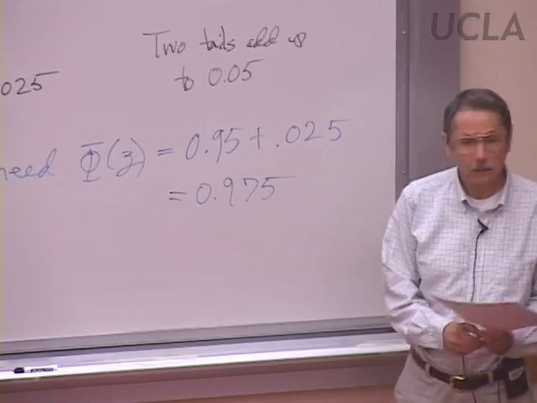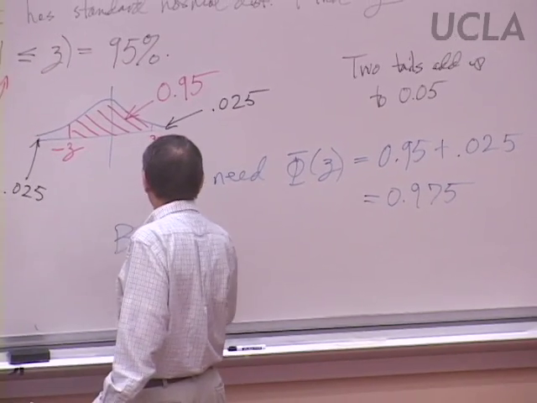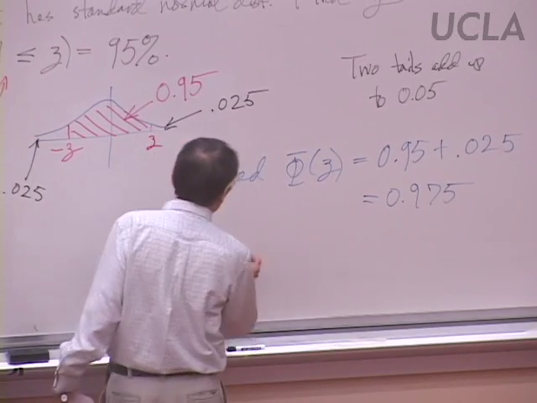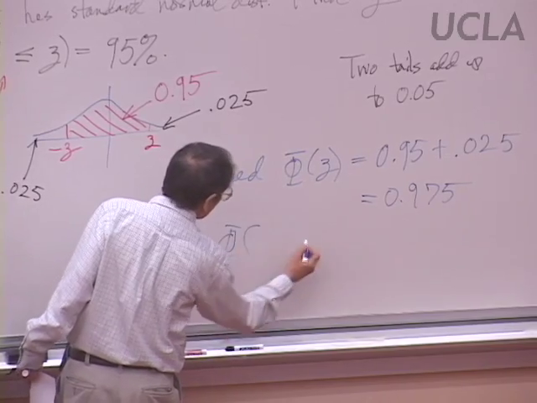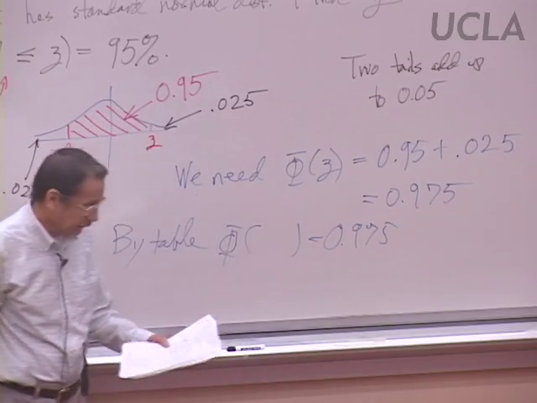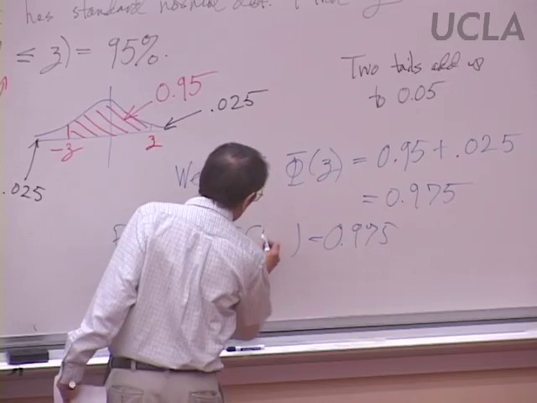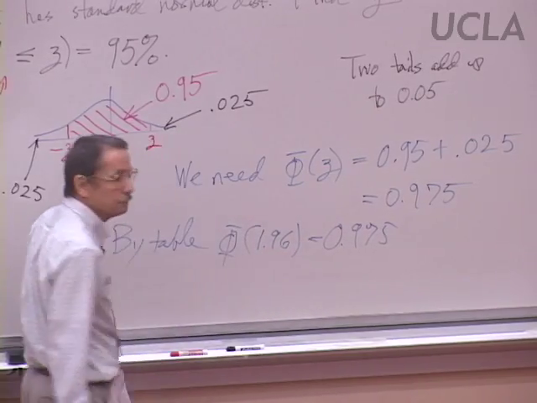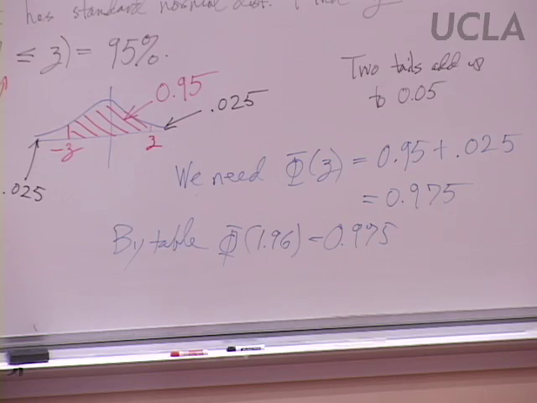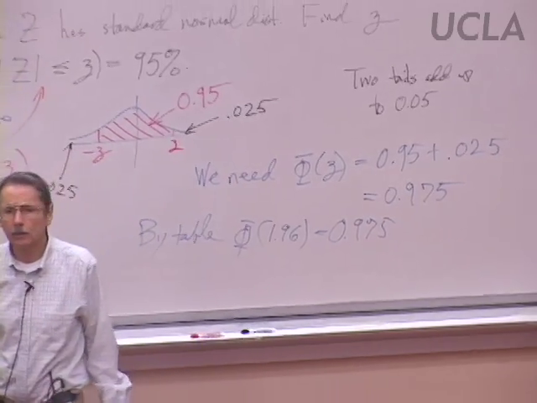So we look in our table, or we ask our calculator. We look for a number, phi of which would be .975, and we find such a number. It's 1.96. So by reading our table backwards, that is, what would you have to put into the table to get 97.5 out?